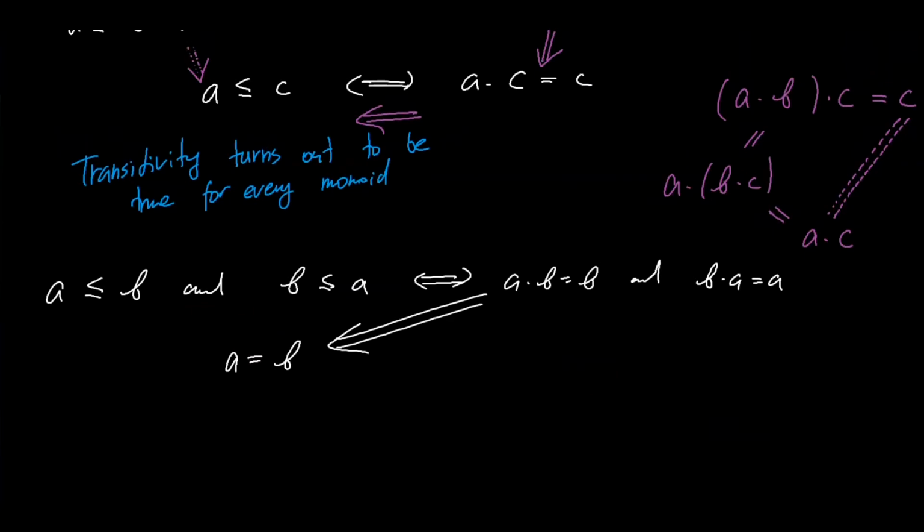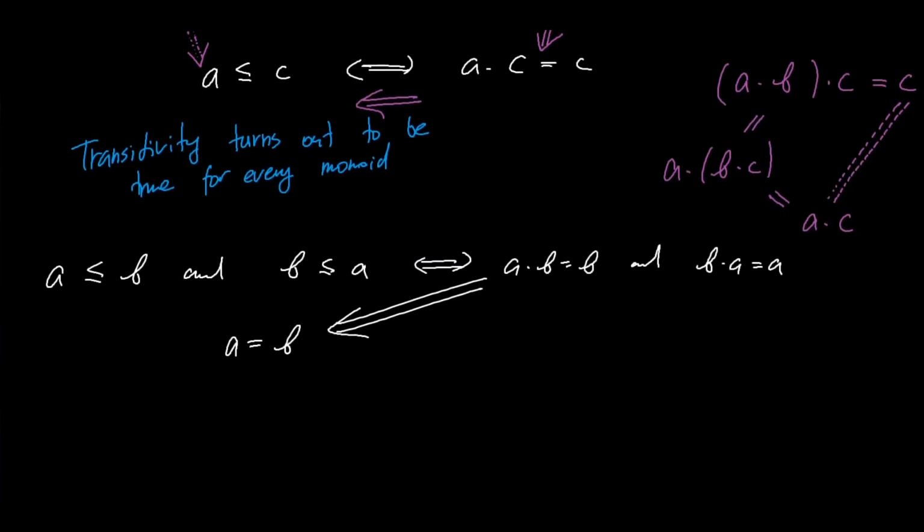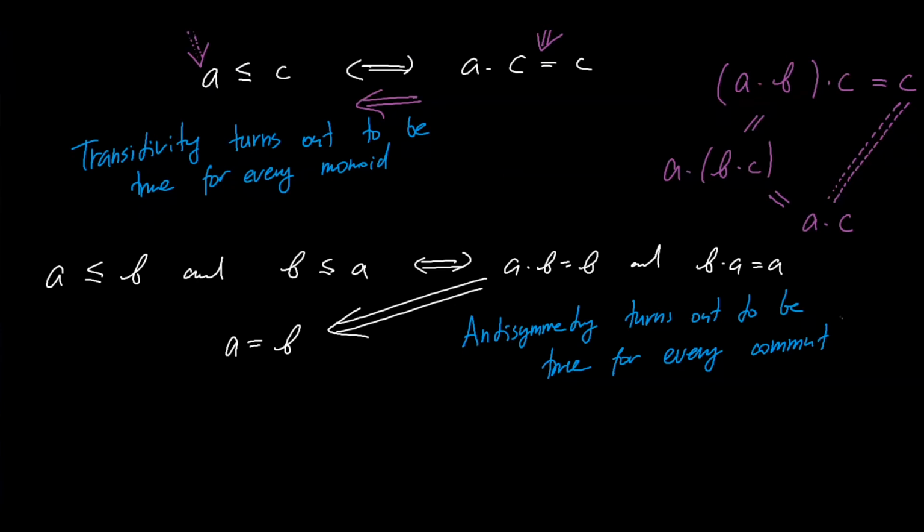So transitivity was true for an arbitrary monoid, but anti-symmetry turns out to be true for every commutative monoid. Again, we didn't use idempotency there.